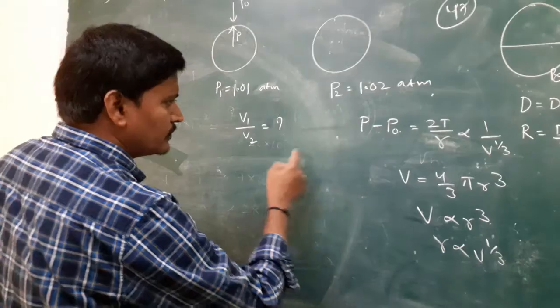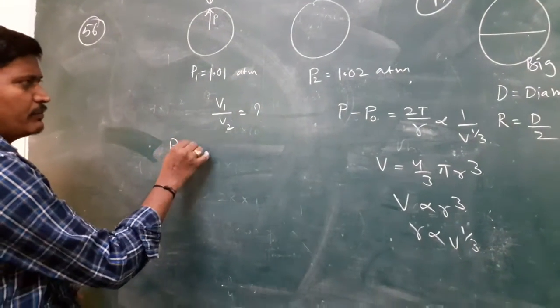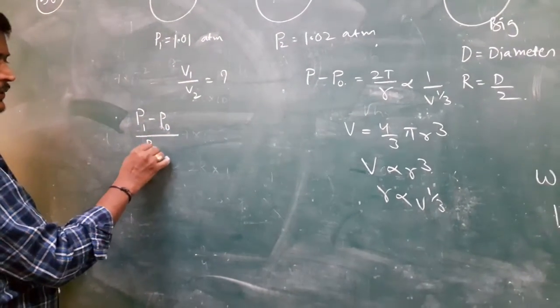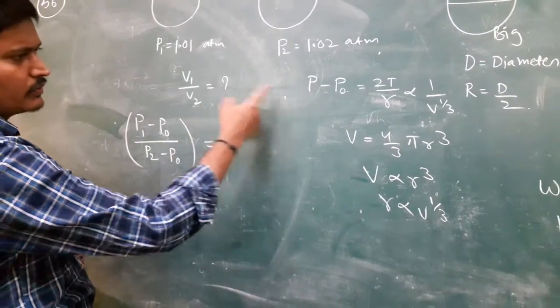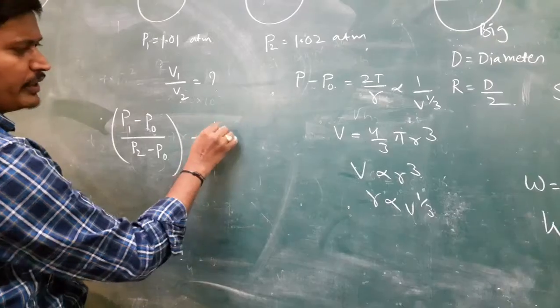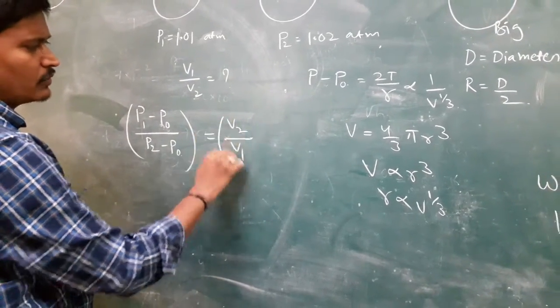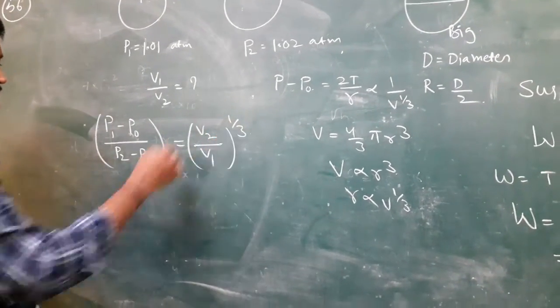So the pressure difference P1 minus P0 divided by P2 minus P0 is equal to V2 divided by V1 whole power 1 by 3.